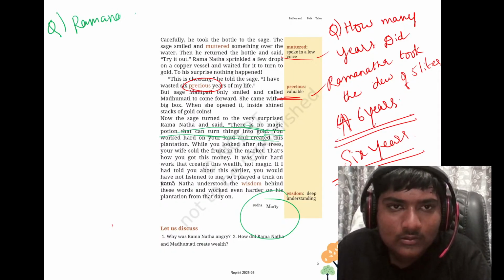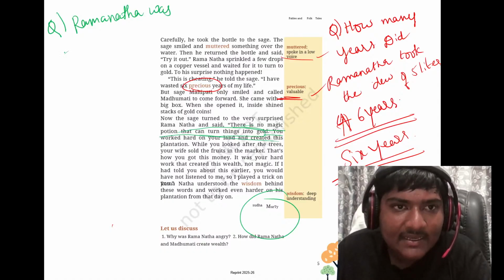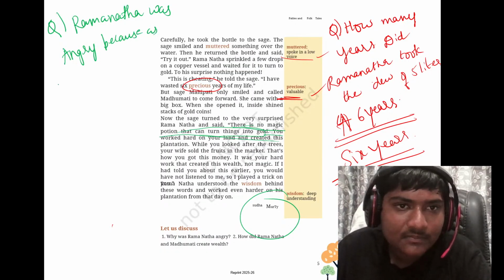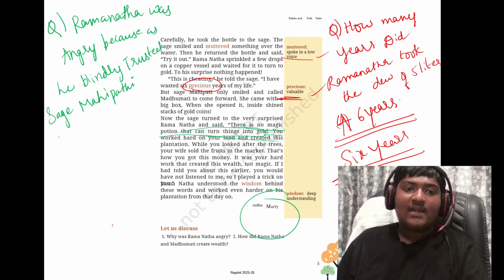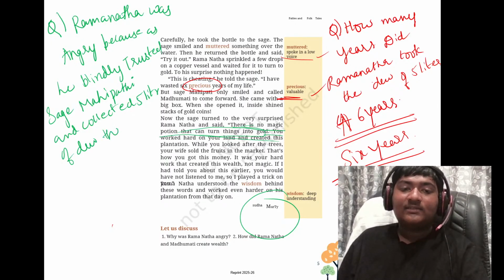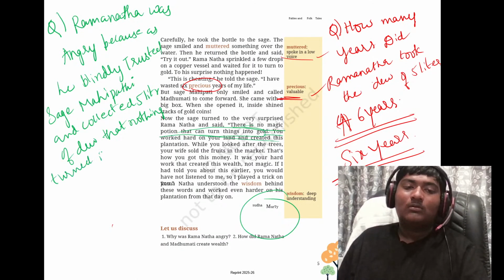Ramanatha was angry because he blindly trusted Sage Mahipati and collected 5 liters of dew, but nothing turned into a magical potion.